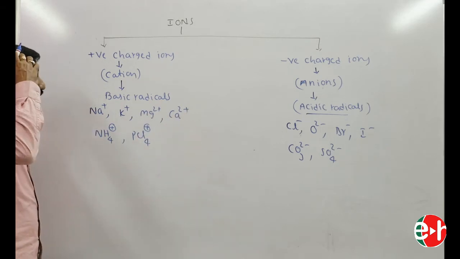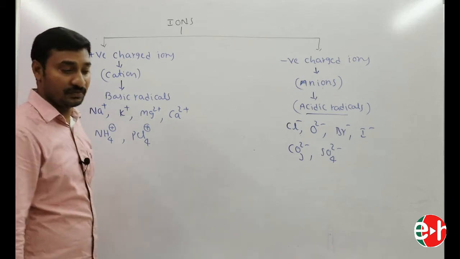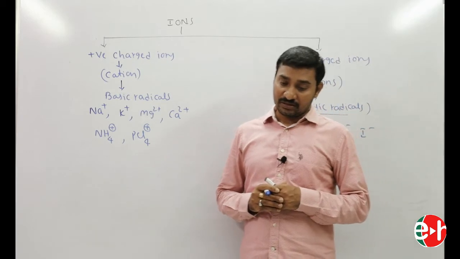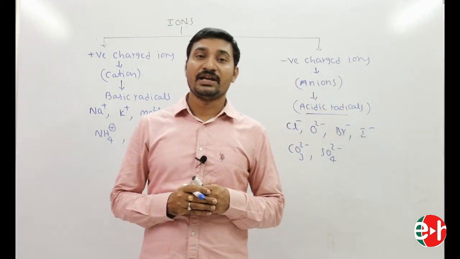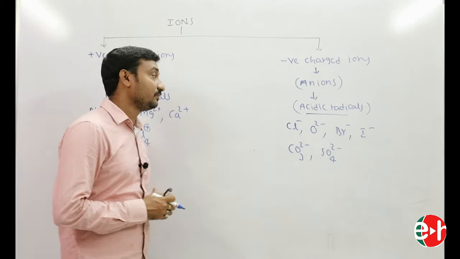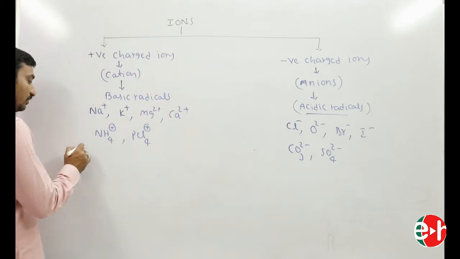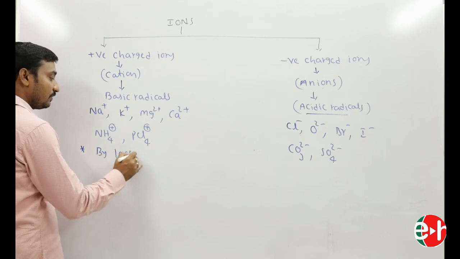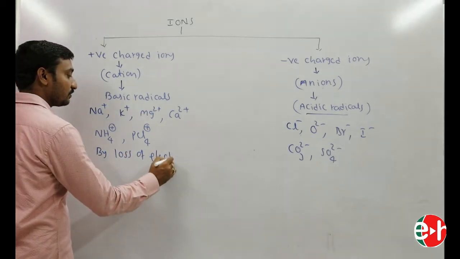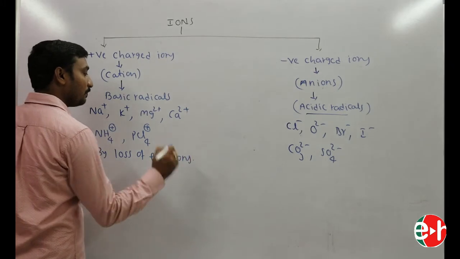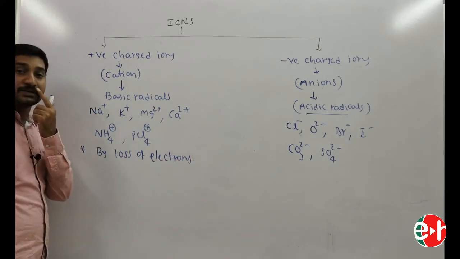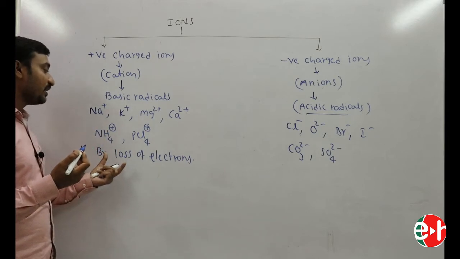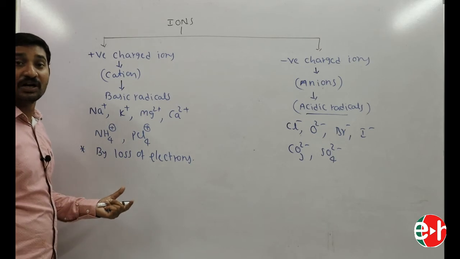Next, how is a cation formed? How is a positive charge formed? A cation is formed by loss of electrons from the neutral atom.